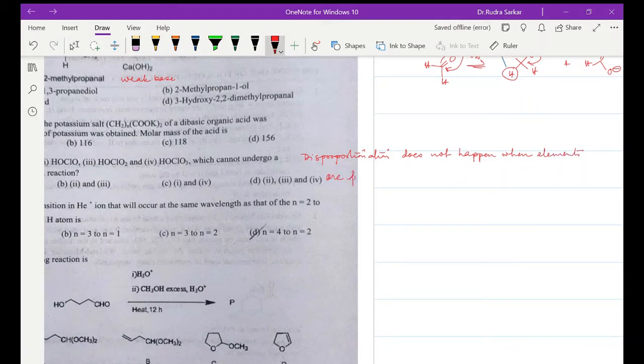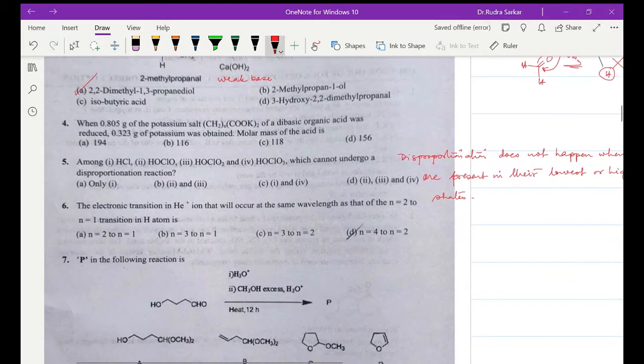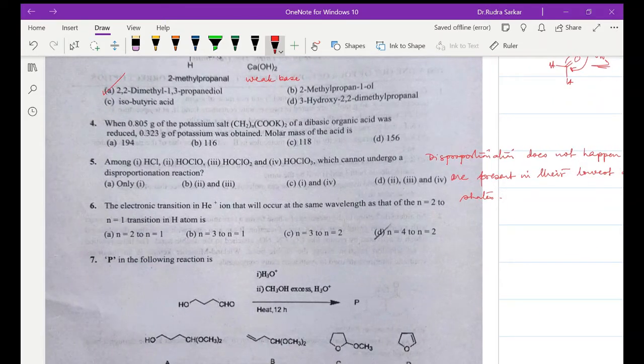are present in their lowest or highest oxidation states. So if we check for HCl, it is Cl-1, which is the lowest oxidation state possible for chlorine.